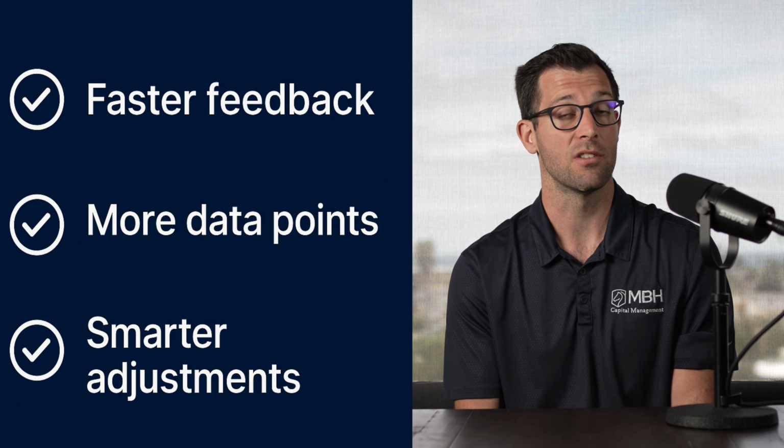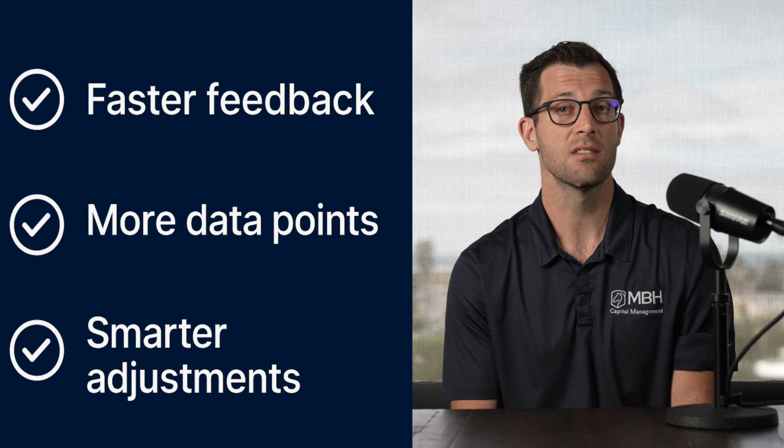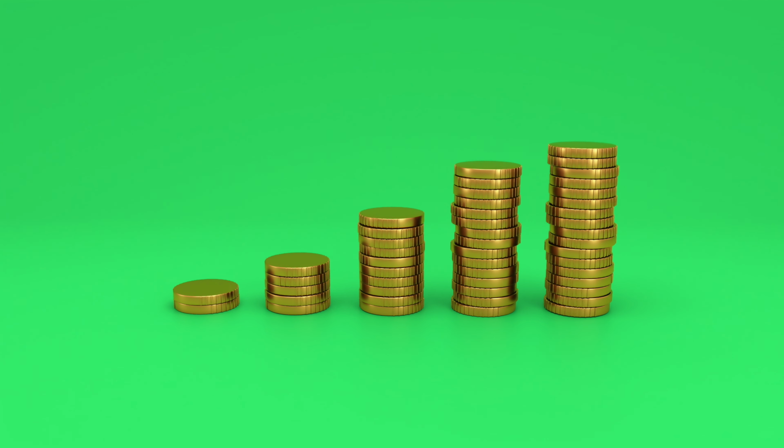That gives you faster feedback, more data points, smarter adjustments, and most importantly, it compounds your edge and knowledge exponentially faster. If you lose 5 trades in a row, would you rather it take 6 months to get back to even or 6 days to get back to even?